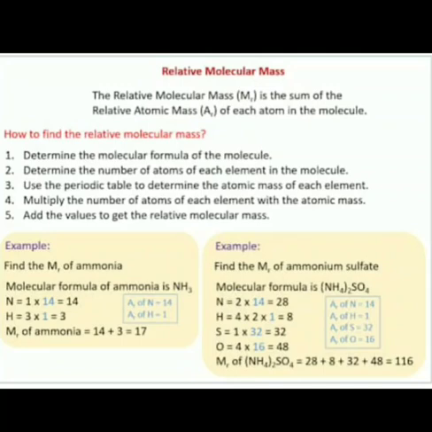Second, determine the number of atoms present in the molecule. Third, find the atomic weight of each atom in the molecule. Fourth, multiply the number of atoms by the atomic weight. And last, add the values, then you get the relative molecular mass.